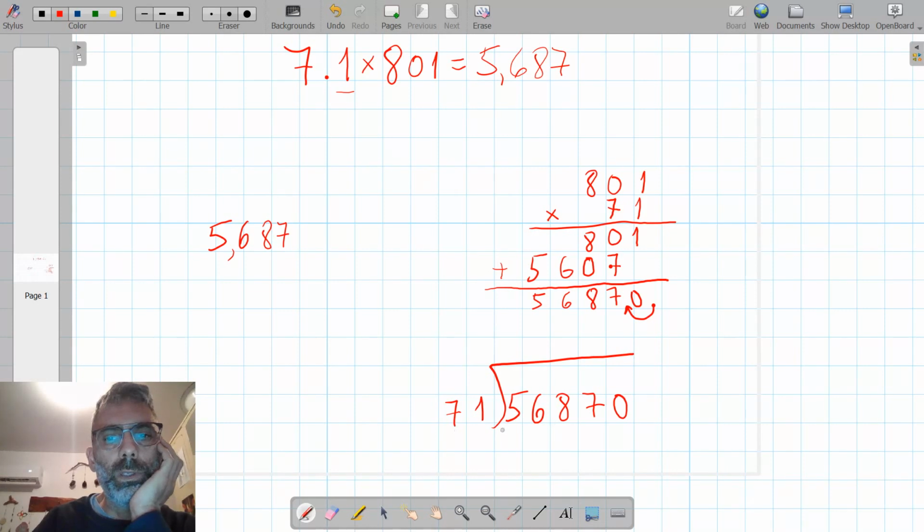So let's see, 71 goes into 568 how many times? 8, exactly 8. 8 times 1 is 8. And 8 times 7 is 56. I subtract, no remainder. And bring down the 7.